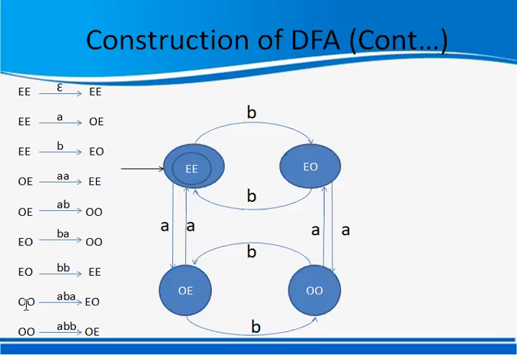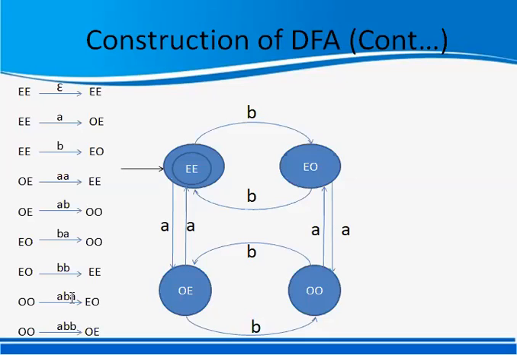Now we will check for the state OO. We will check how we reached state OO, either on input A and B, or input B and A from the state EE. We are taking input AB.